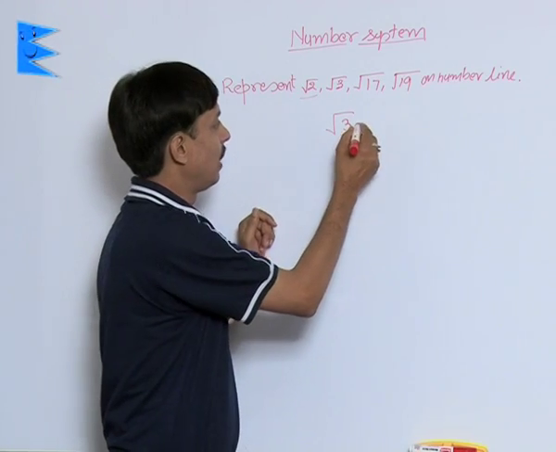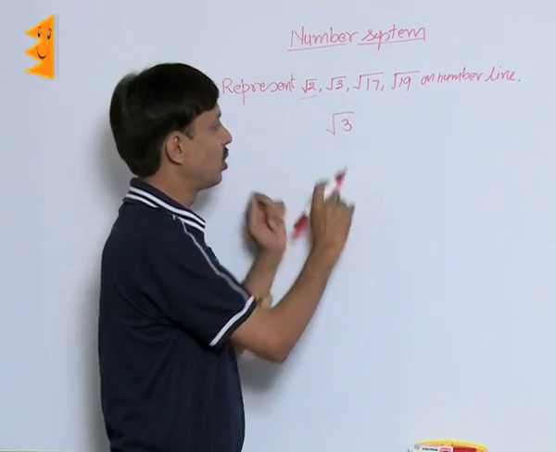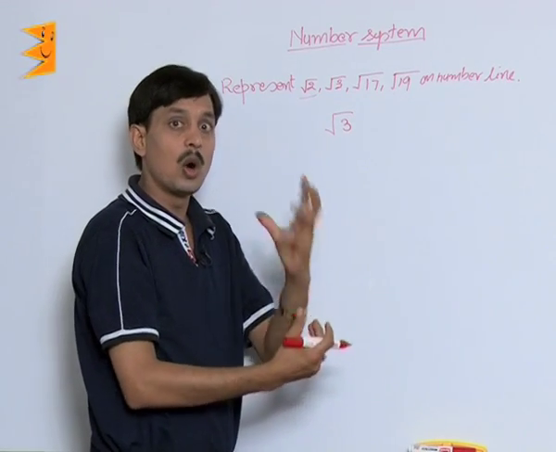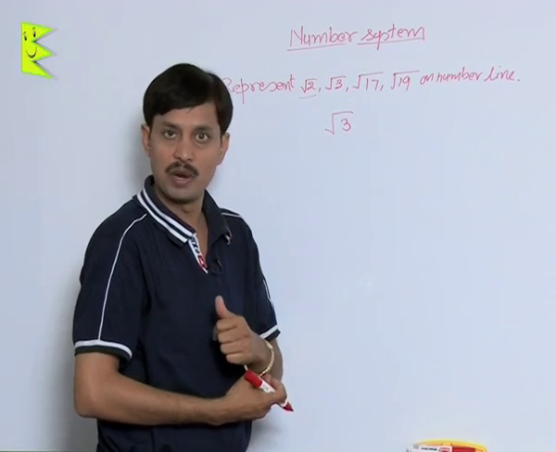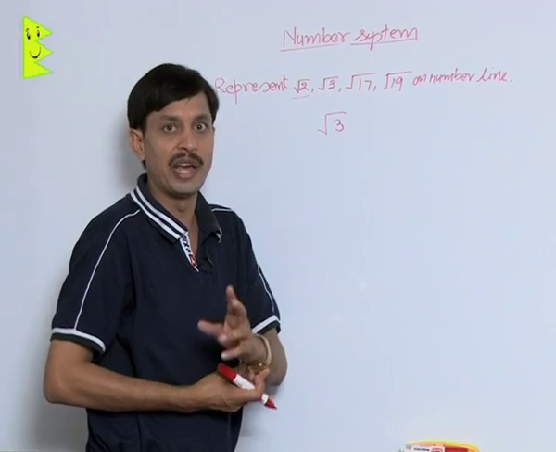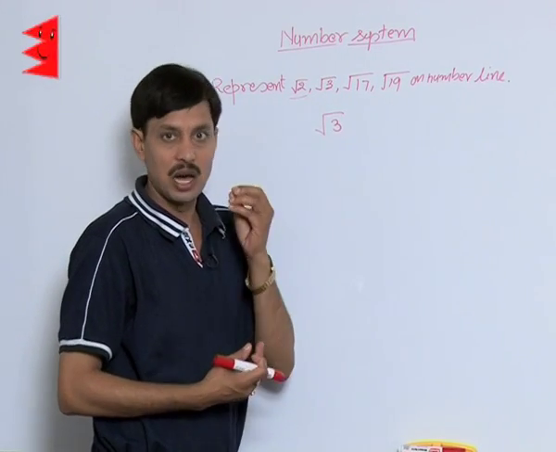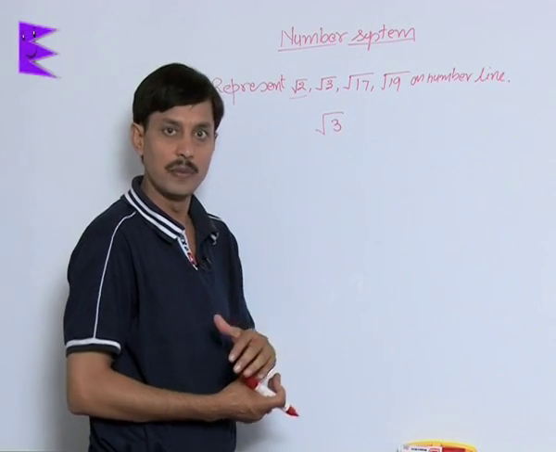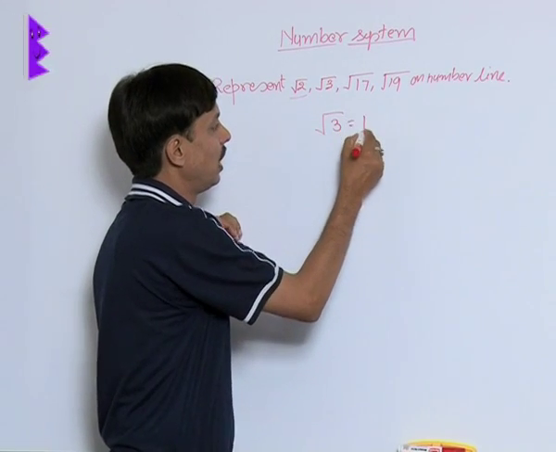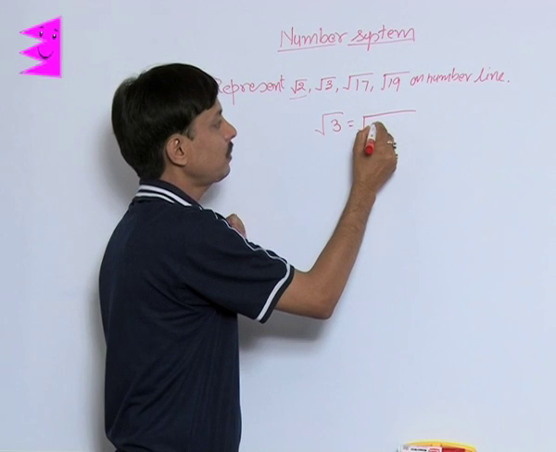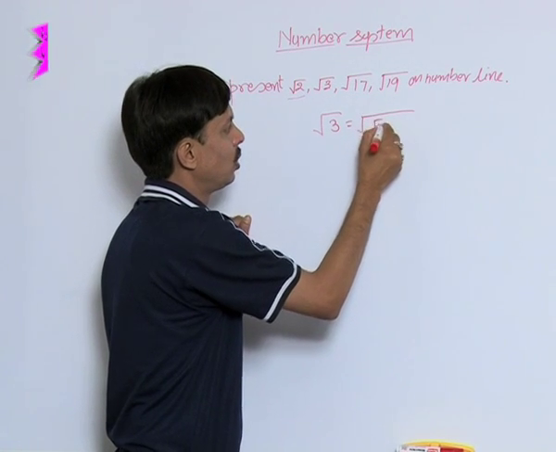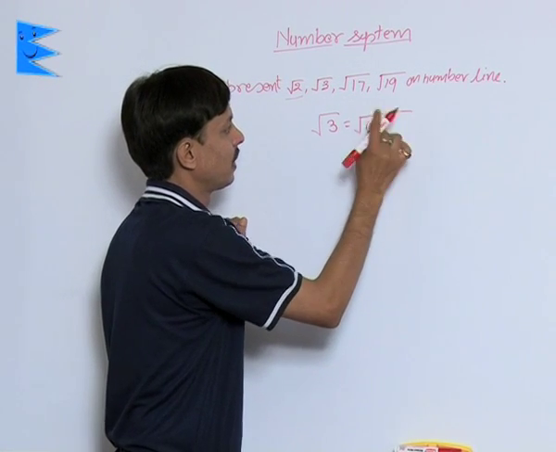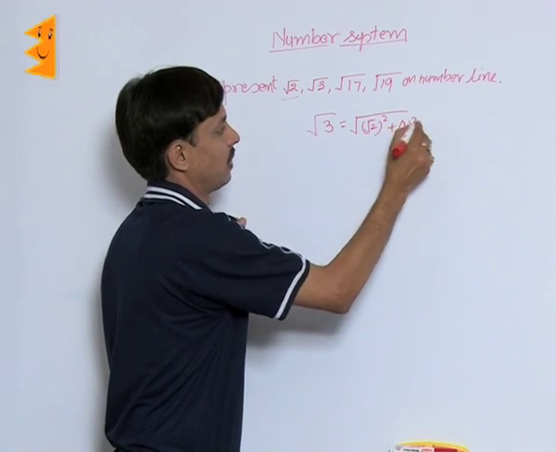Before root 3, I must know how to represent root 2 on the number line, because no two natural numbers are possible whose sum of squares is 3. So I can say it can be written as root 2's whole square plus 1 whole square.